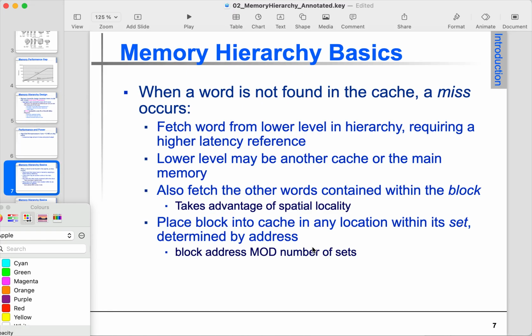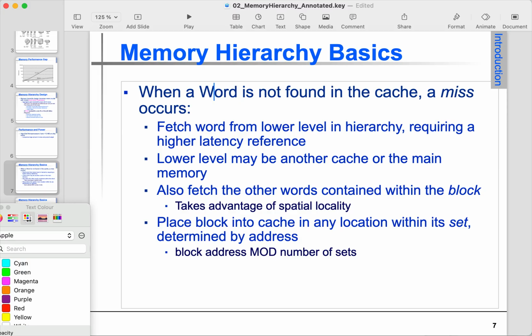Let's look at the memory hierarchy basics. What happens if we are looking for parts of an instruction that we will call a word here? That would be the smallest unit of memory that we can manipulate on this machine.